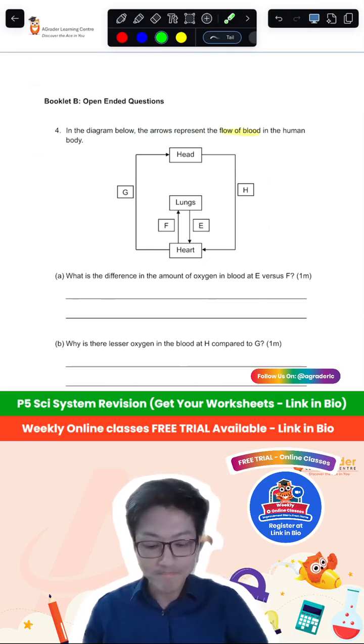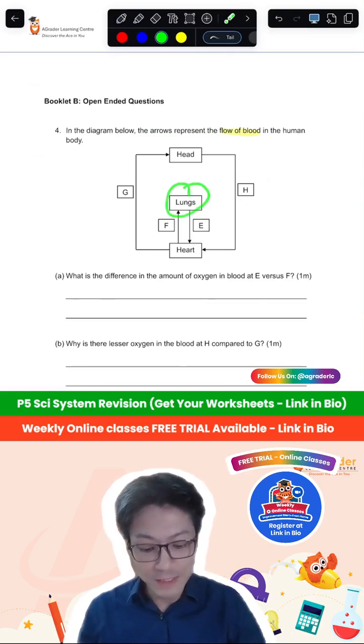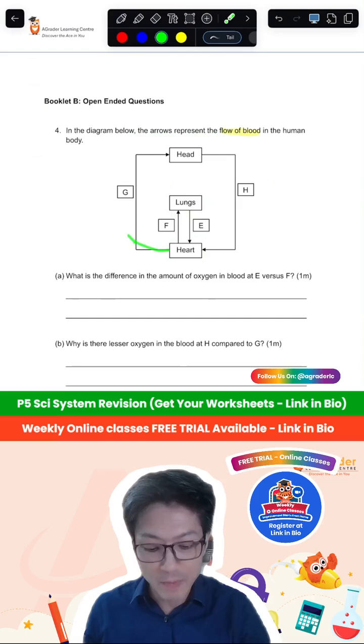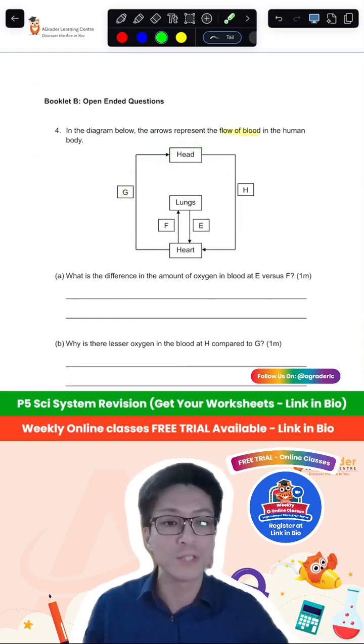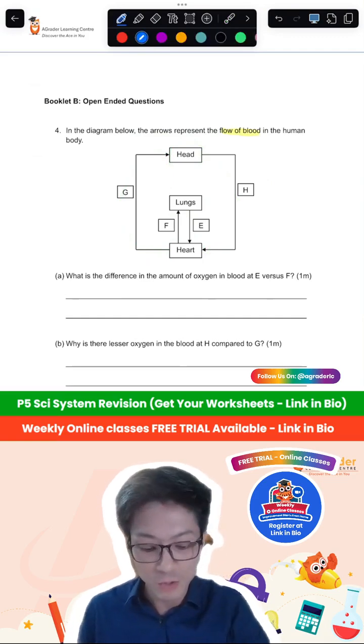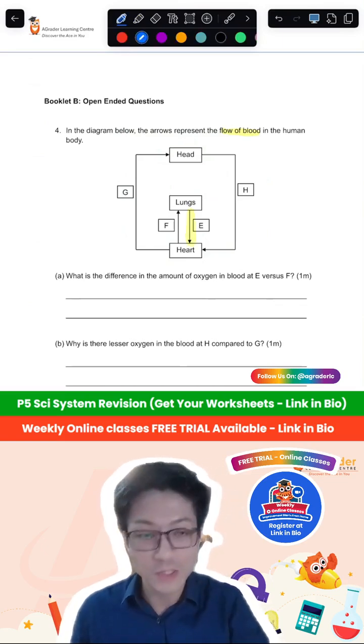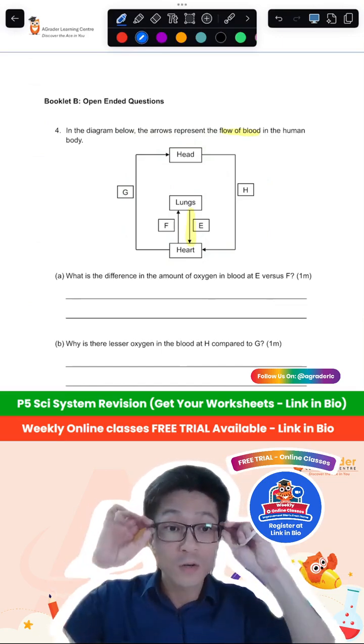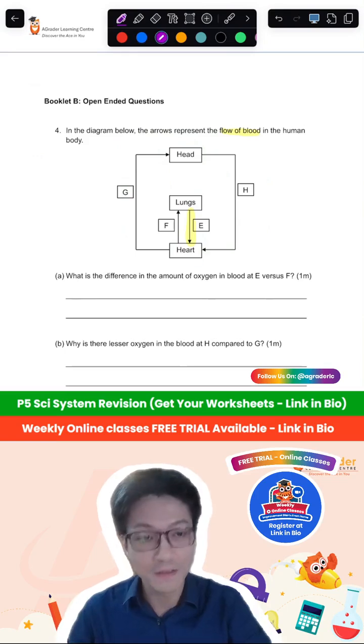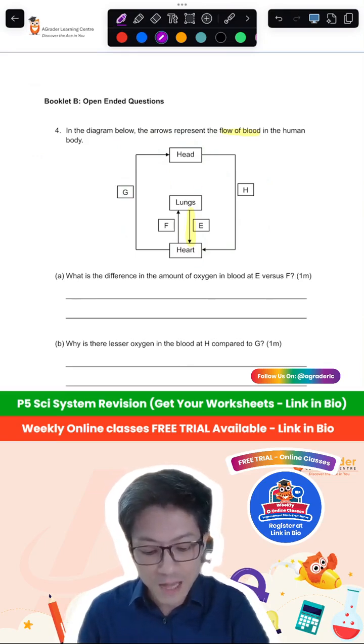You see the lungs, you see your heart, which will pump blood around your body, and then your head will use up the oxygen. You will respire. Let me just go through some recap. The first arrow that I look for is usually E, because this is where oxygen in E is higher than F. At the lungs, you will take in the oxygen.